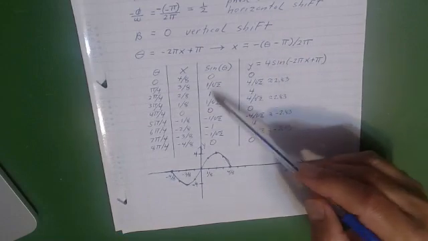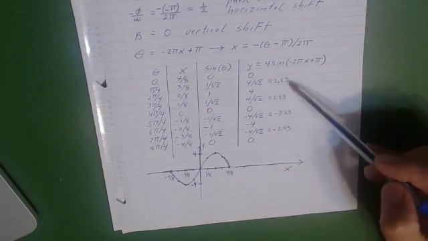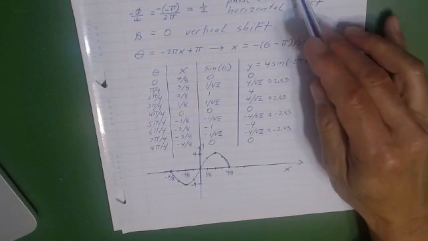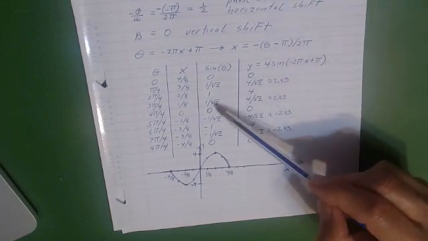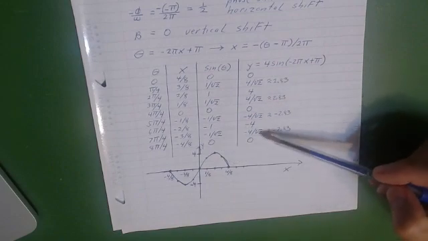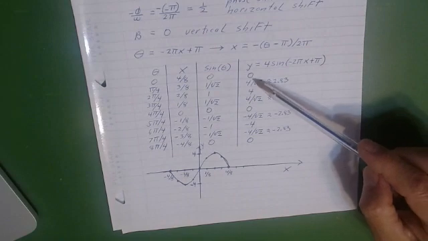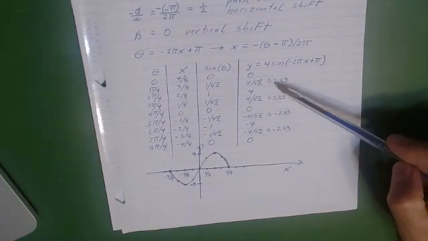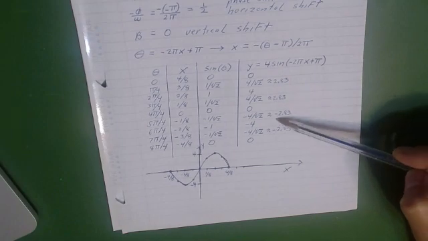All we have to do is multiply these sine of theta values by 4, and we're done because our b was 0. We didn't add anything out here. So we just take this and multiply it by 4, and we get the number. So 4 times 1 over the square root of 2 is 4 over the square root of 2. And again, just write an approximate decimal number from your calculator.